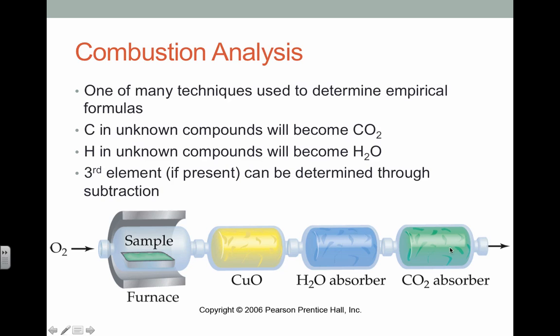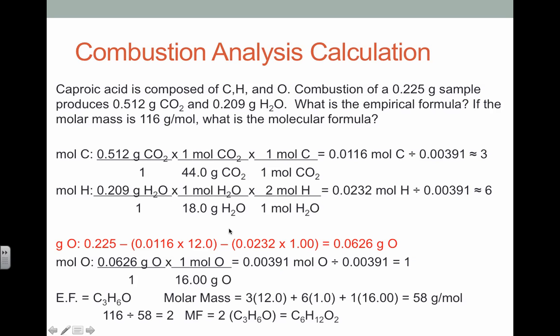They collect through absorbers, and then they're able to weigh the difference in weight before and after the combustion occurs and is collected. I know it looks very daunting, but if you break things up into steps and keep in mind what it is you're trying to accomplish, this isn't too bad.